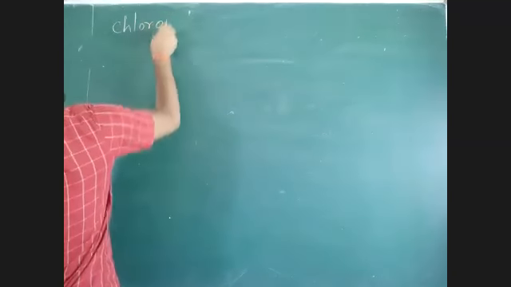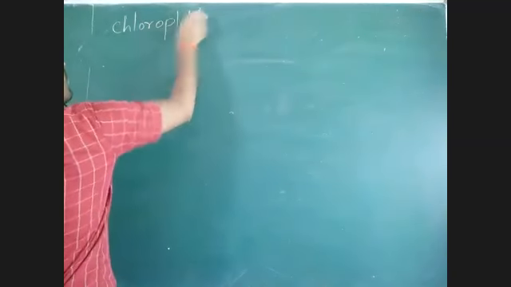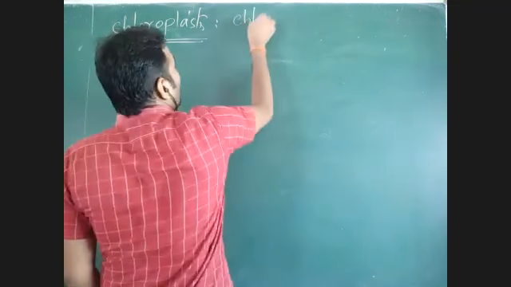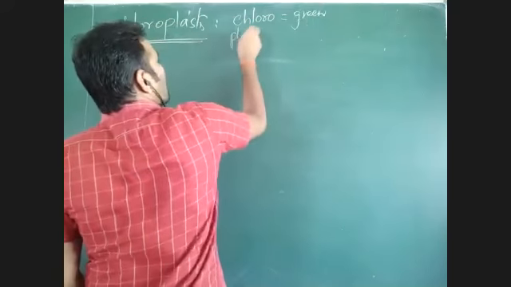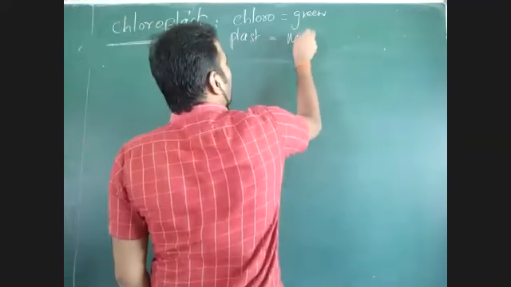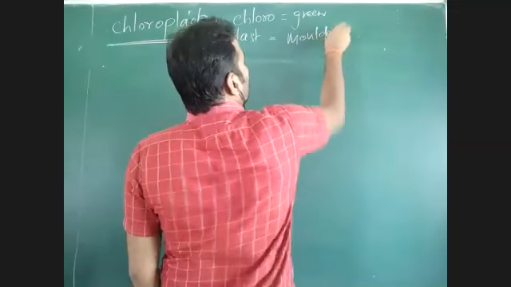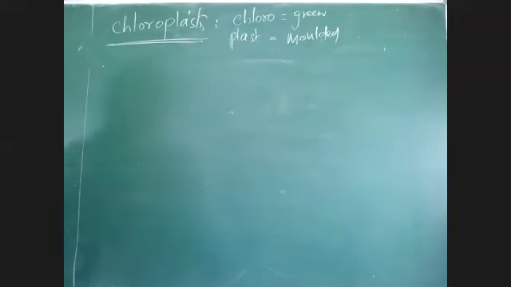Then the next type of plastid, chloroplast. These are very important plastids. Here, chloro means green. Plast, as I told you, means molded structure. Those molded structures we call plastids. So green plastids, or green molded structures, are called chloroplasts.